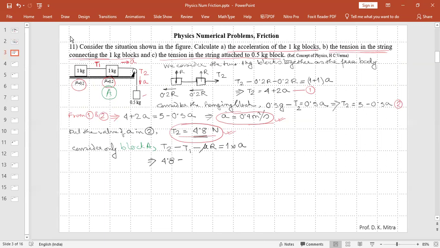Minus T1 we have to find out, minus mu is 0.2, R is 1 into g, that means 1 multiplied by 10, is equal to A. From here, we can easily find out the tension T1.